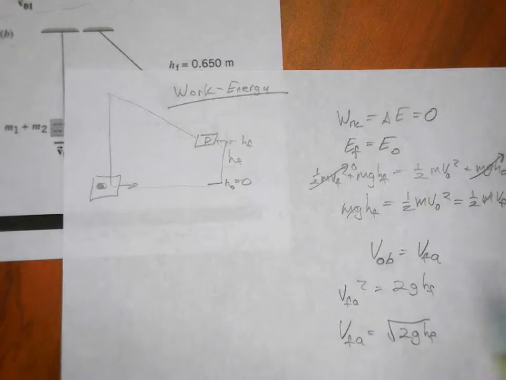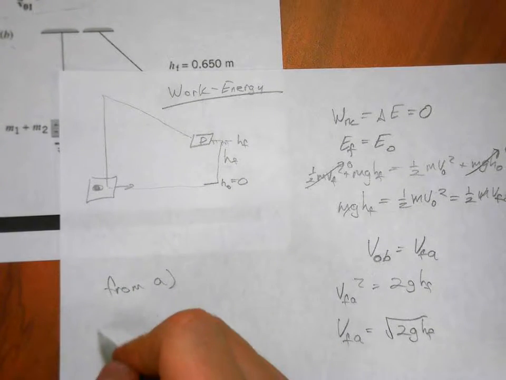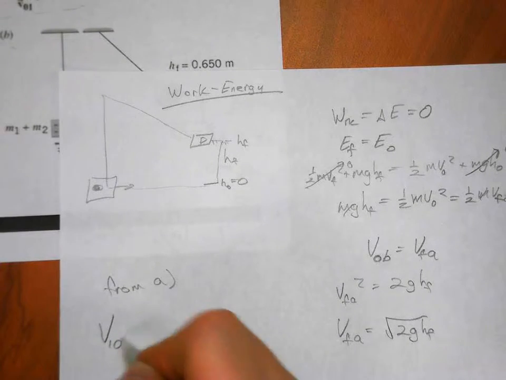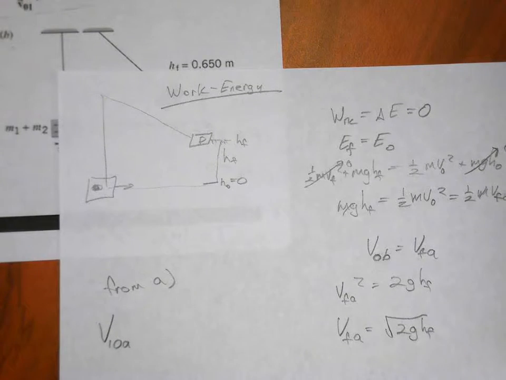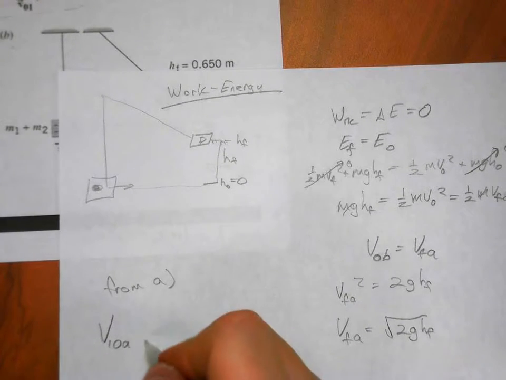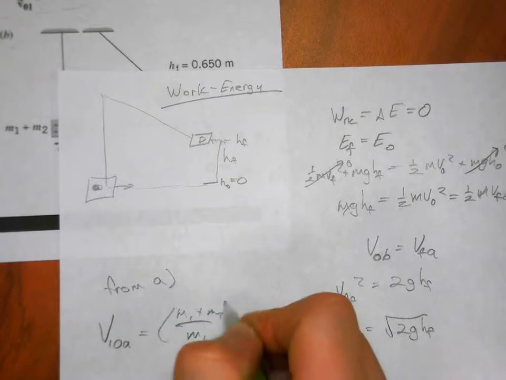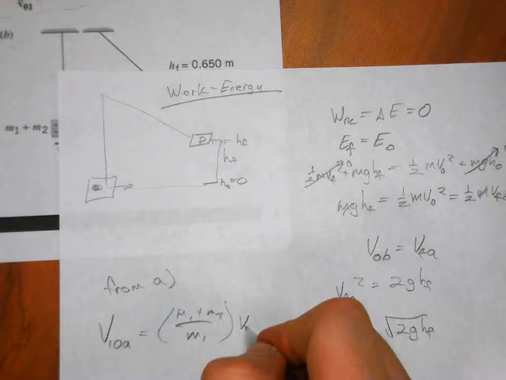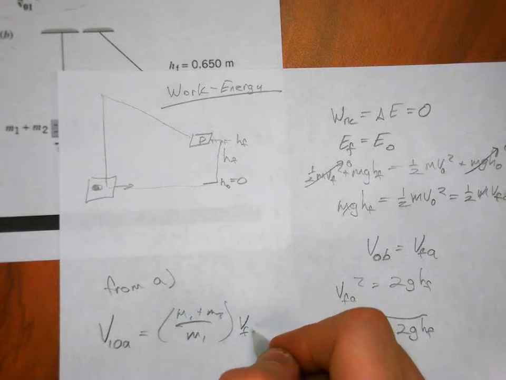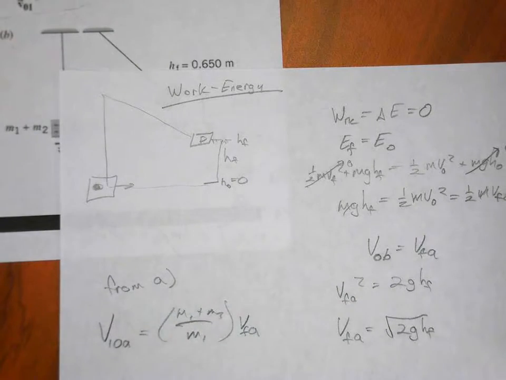But you may remember from A, we defined this equation, V10, and I'm going to have to call it V10 from A, because it's from part A of the problem. M1 plus M2 over M1 times V final, which is actually V final A, from part A. And what do you know?